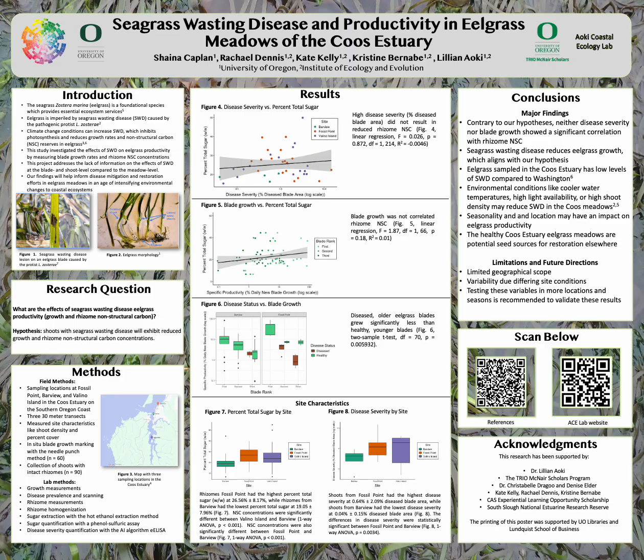Figure 8 demonstrates that there were significant differences in disease severity between Fossil Point and Barview. Again, disease severity is on a logarithmic scale in Figure 8. Characterizing site differences this way is important because it provides context to the local environmental variability that may influence our results.